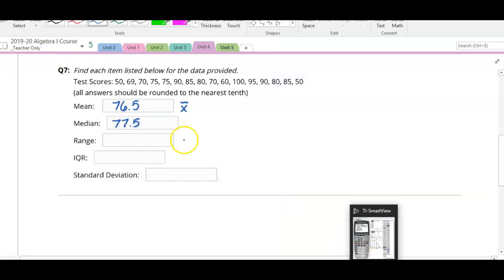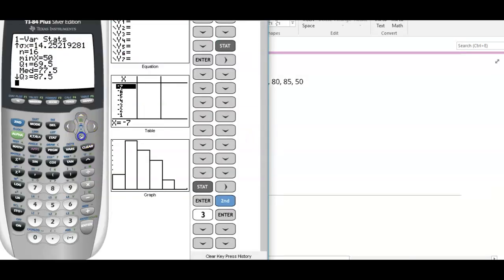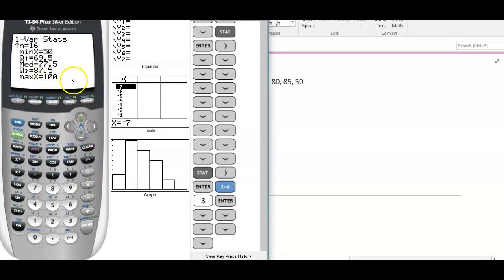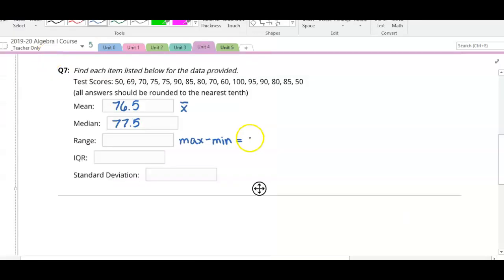The range, if you recall, is the max, take away the min. So I need to use my calculator. What's the max? 100. And what's the min? 50. So 100 take away 50 means my range is 50.